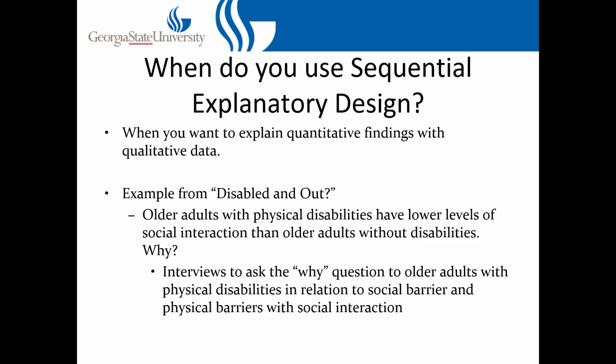What does that have to do with social barriers, things like how people treat you and how people perceive you, and physical barriers, things like if there's stairs to get to the event and you can't go upstairs, then you can't go to the event? So understanding how these different factors affected it. But I want you to make sure that you see that the quantitative findings define the qualitative study.